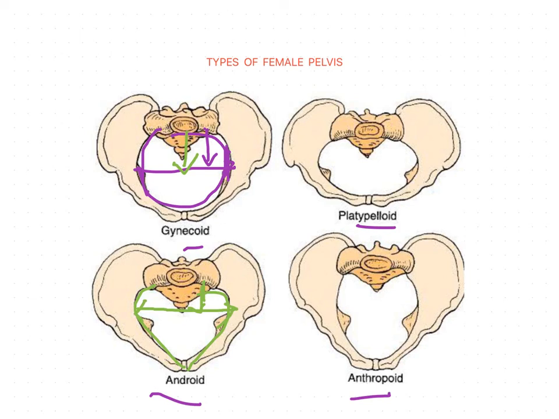Because the greater sciatic notch is narrower, and the angle below the pubis is also narrow, the cavity appears funnel shaped. That means the diameters of the outlet we saw earlier are all reduced in the android type.